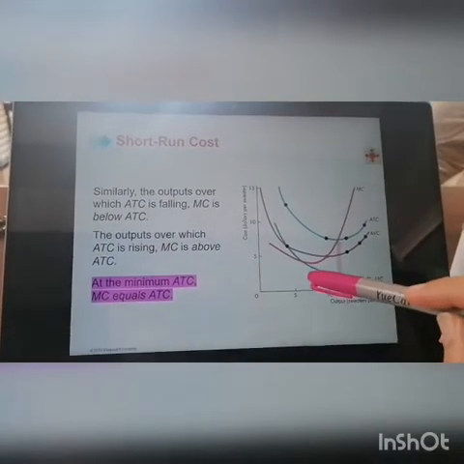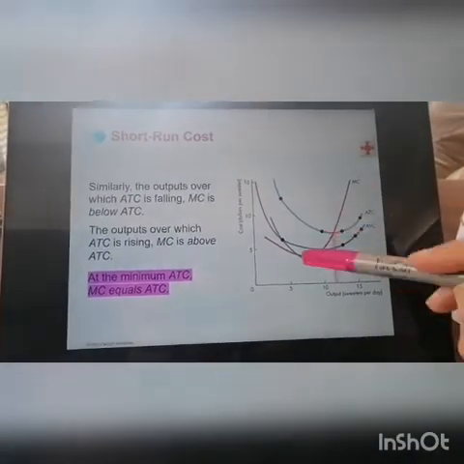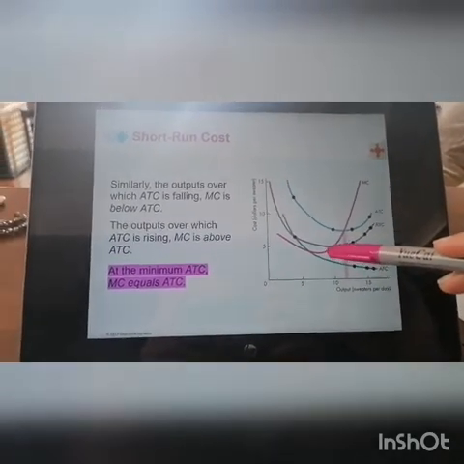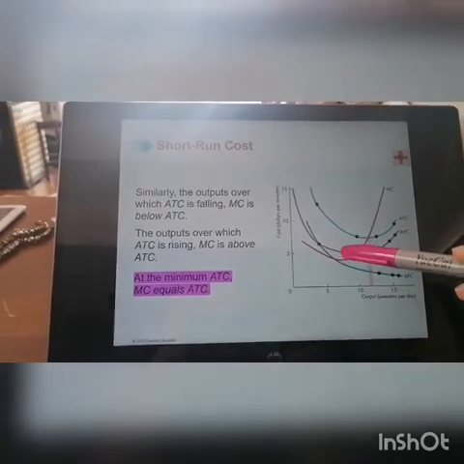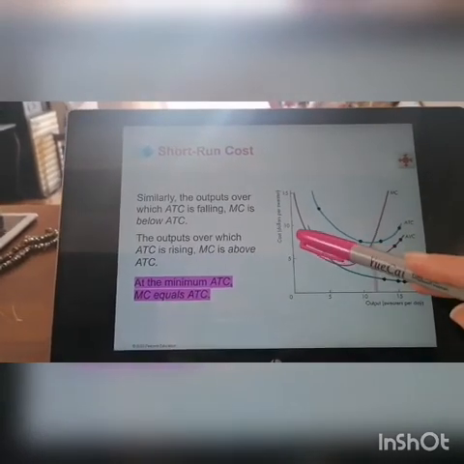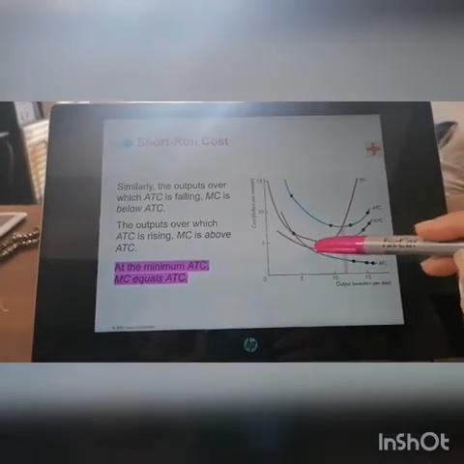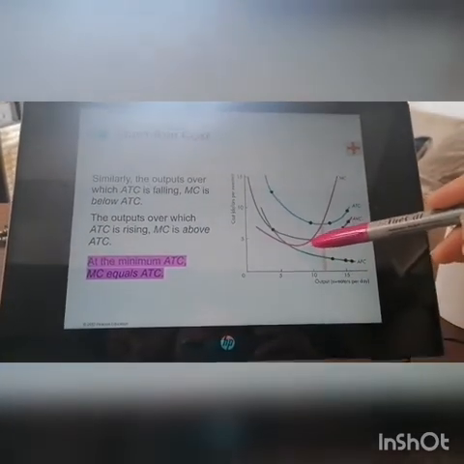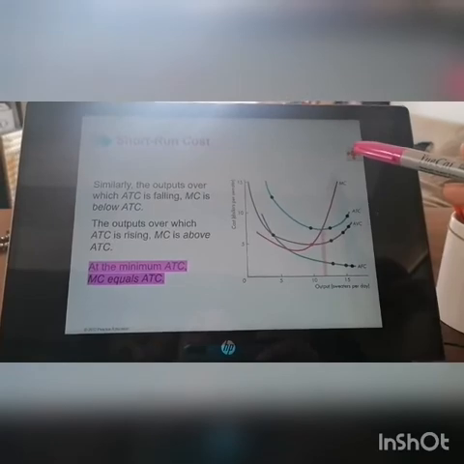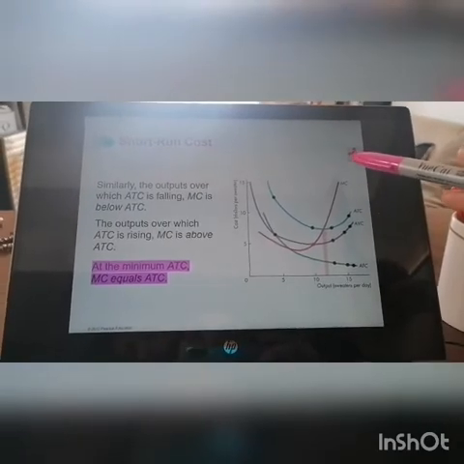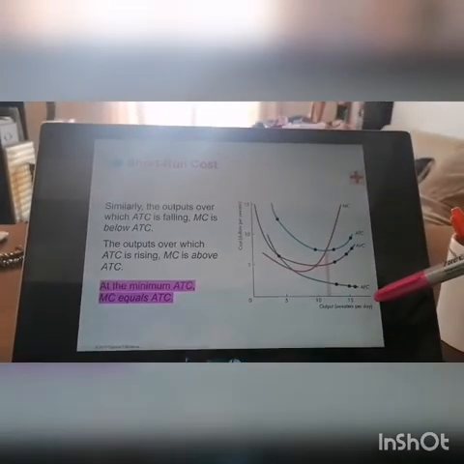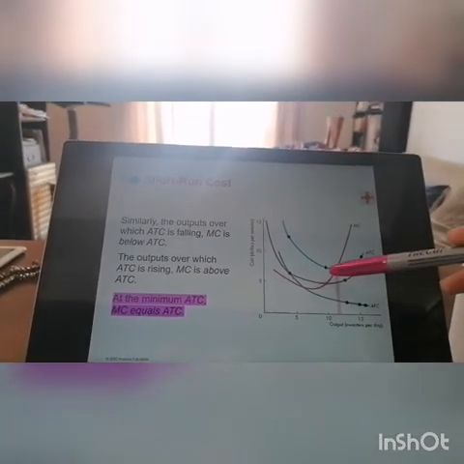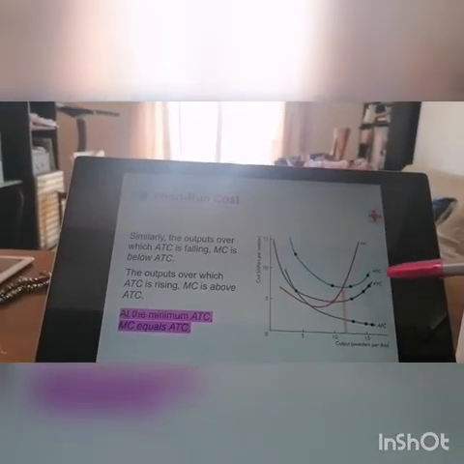Remember, the MC is Nike shaped, like a Nike sign. First it's decreasing when the increasing marginal returns are here, so the productivity is increasing, so the costs are decreasing, and then the MC is increasing because the law of diminishing marginal returns sets in, and as you hire more workers and as the output increases, the cost increases.